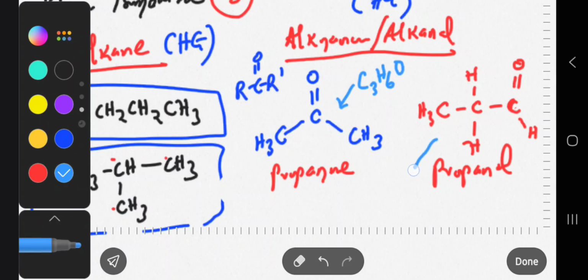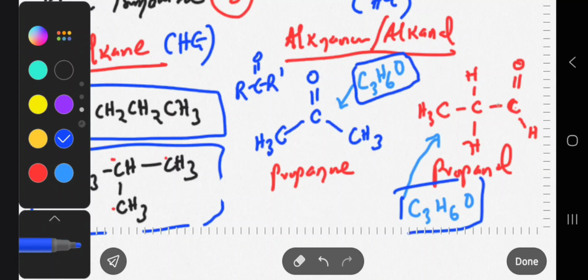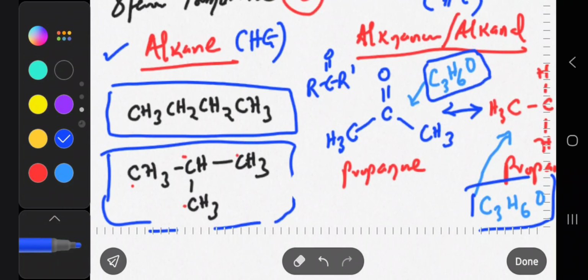In the propanal, we also have C3H6O. Can you see they have the same molecular formula, but if you observe their structure, they look structurally different. So they are also structural isomers resulting from different homologous series, while the other one results from the same homologous series.